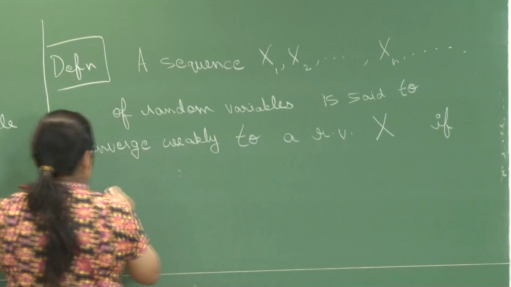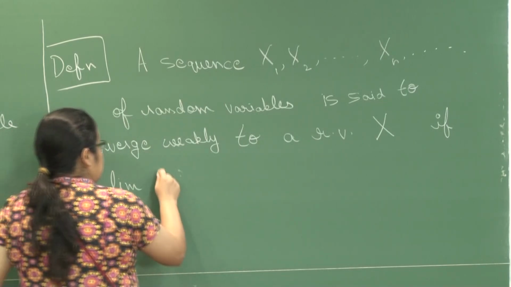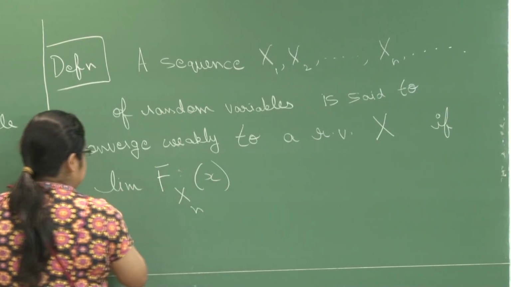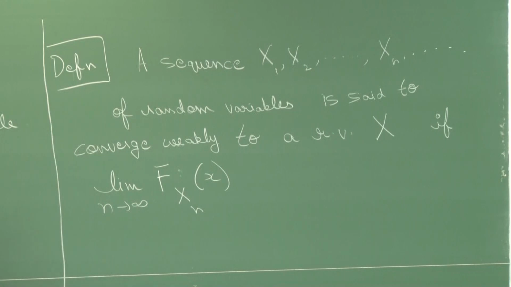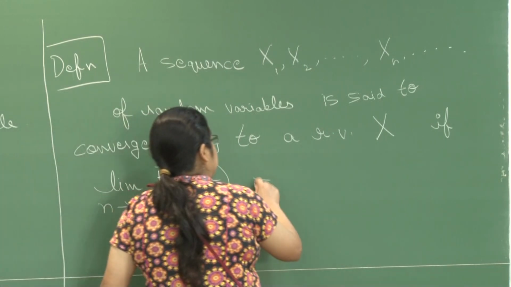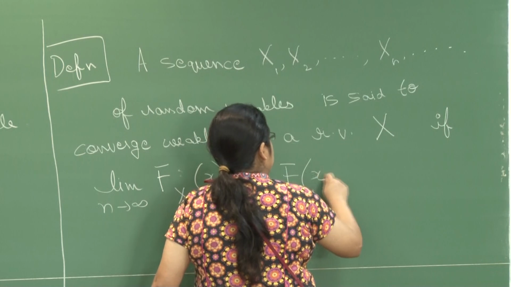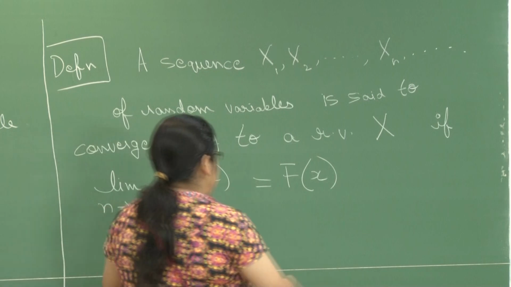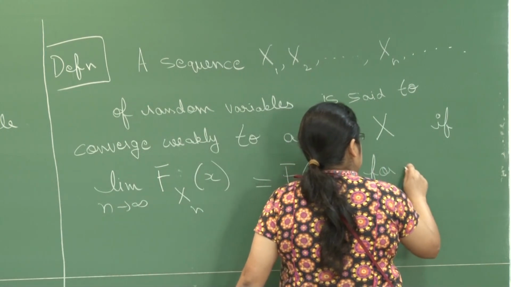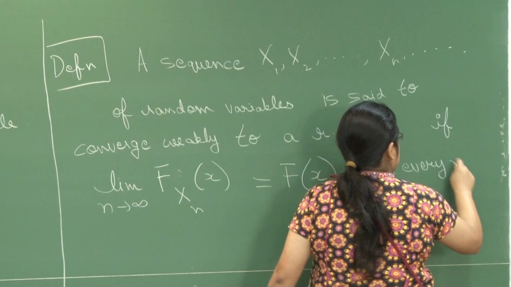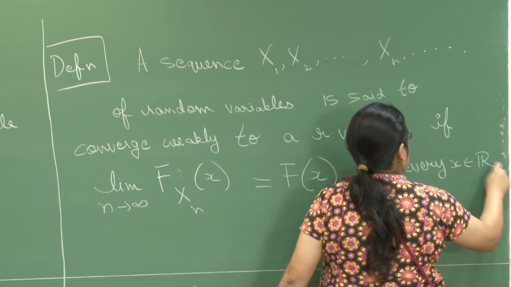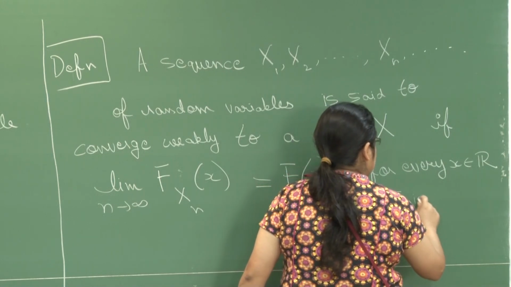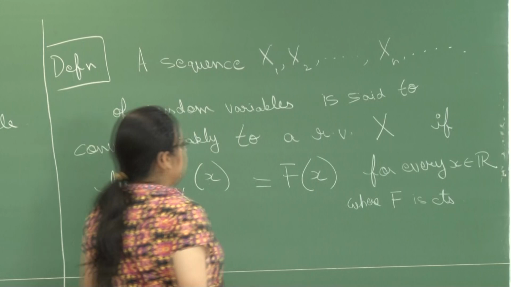If the limit of F sub X sub n of x as n goes to infinity is equal to capital F of x, that is the probability that capital X is less than or equal to x, for every x in R where F is continuous. Okay?